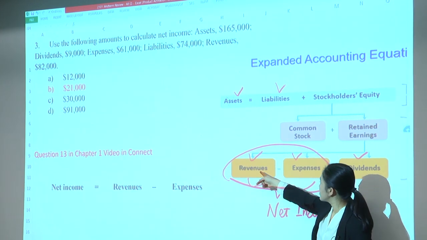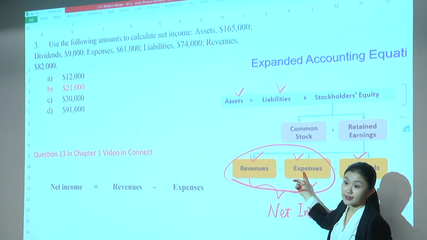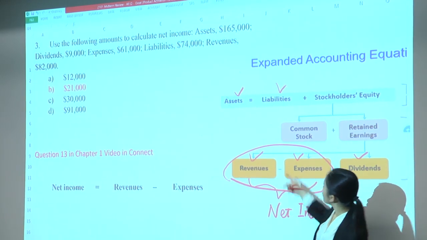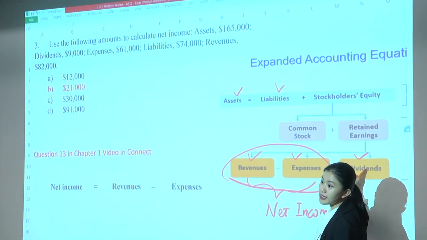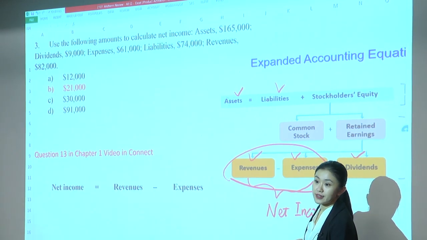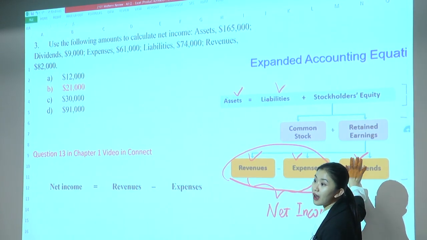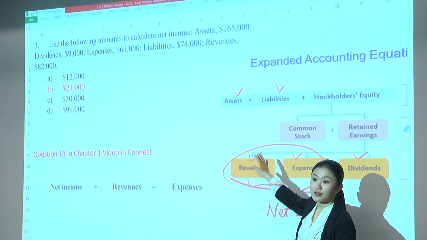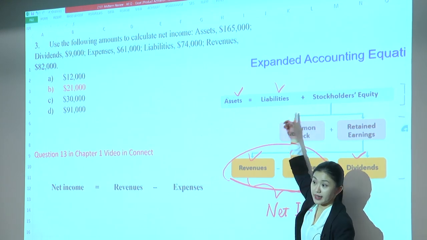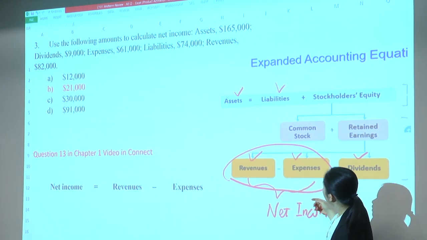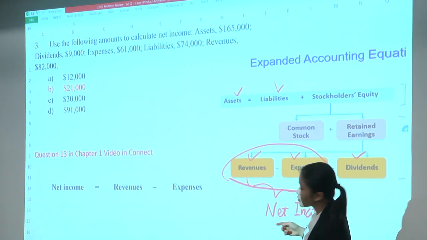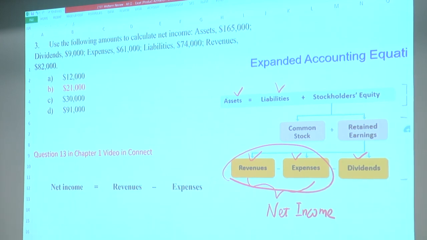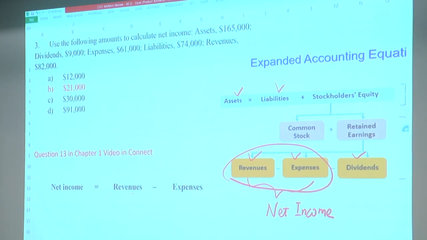So simply use revenues minus expenses, we can get net income. All the other information is just to confuse us, but you have to know where it is. The questions can be more difficult in the midterm, so that we sometimes need this information to calculate it. All right. So revenue minus expense. Revenue is 82.